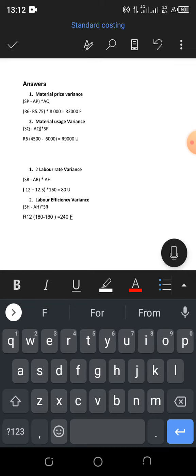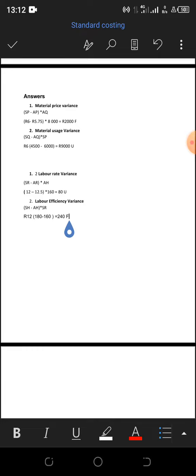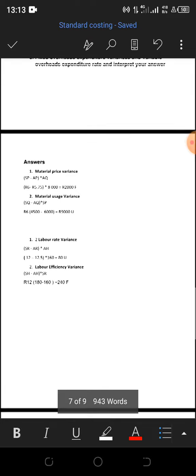It means that the employees are more focused on their work, because they managed to complete their work in less time than they were supposed to. Remember, once they work more hours, the company is going to pay a larger amount, because these employees are paid according to the hours that they work. So this is favorable. Number one, I think I interpreted as unfavorable.